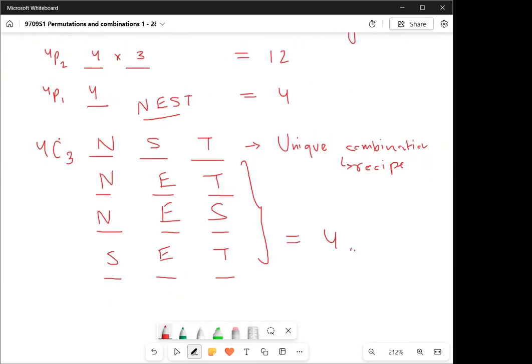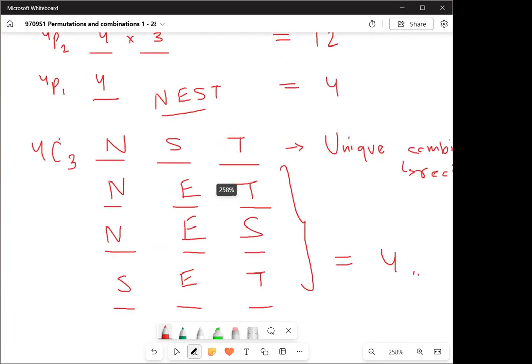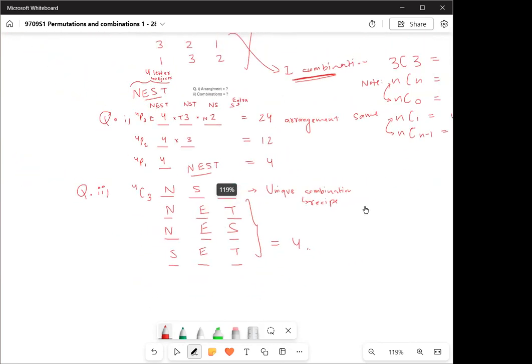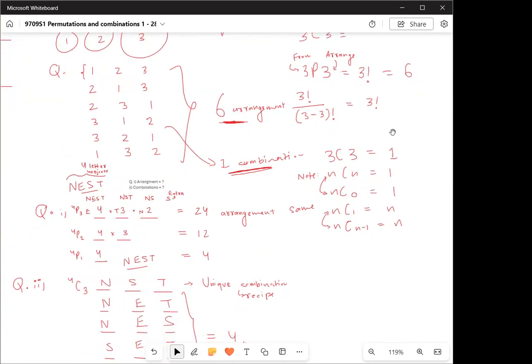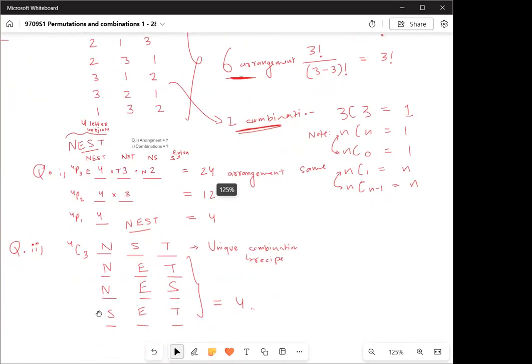It's the number of positions available for the letters. Basically, from 4, choose 3. That's what we're doing, and then give them a unique arrangement without repetitions.